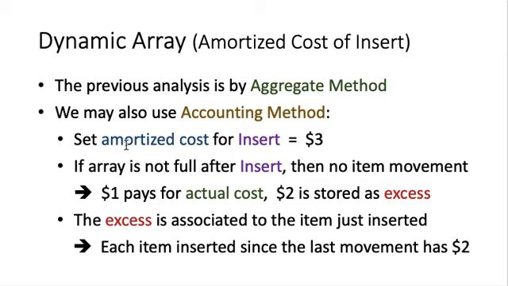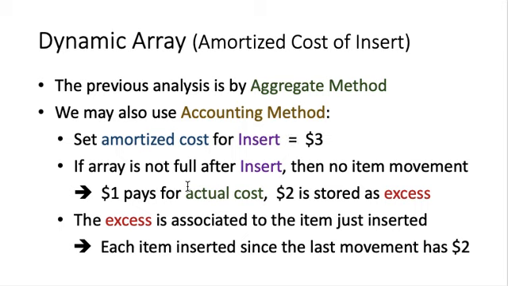So we now set the amortized cost for insert to be equal to $3. We have two cases to analyze. So whether after the insertion the array becomes full or after the insertion the array is still not full.